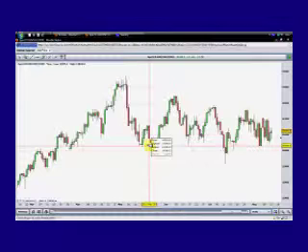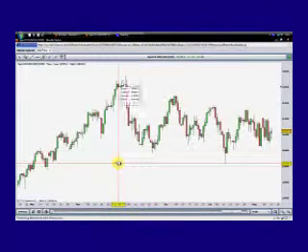We go on the 30-minute chart, we see another small 5th Elliott wave. And we go on the 5-minute chart, we see another small 5th Elliott wave. So when you see the same wave on different time frames, that's again another fractal pattern. The Elliott wave theory is also a fractal pattern.